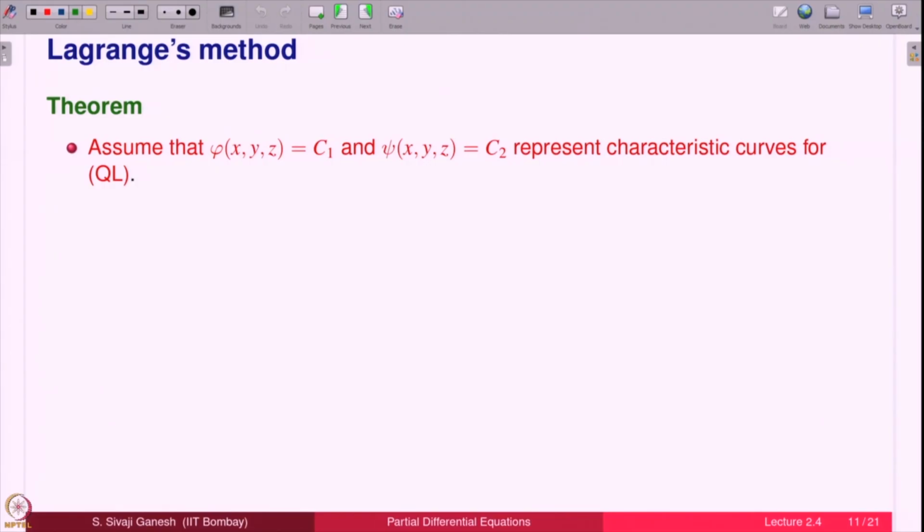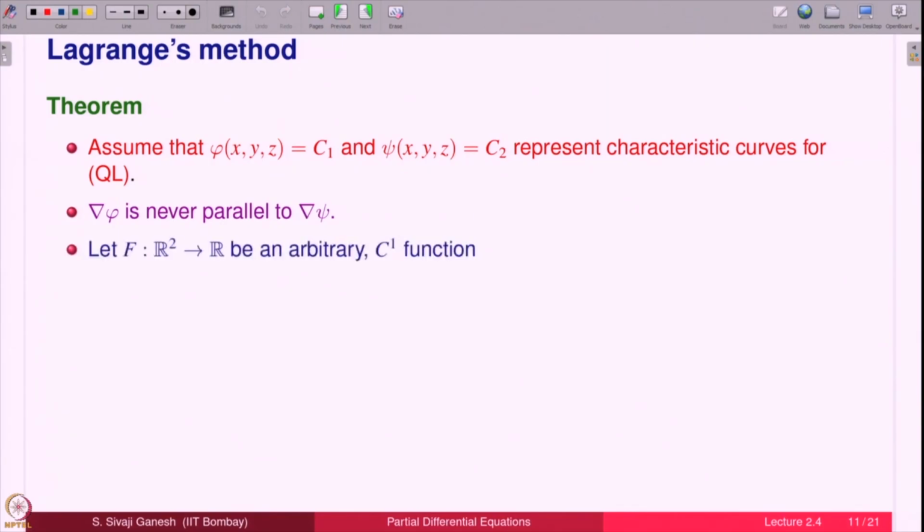Assume that phi equal to constant and psi equal to constant represent characteristic curves for QL, and grad phi and grad psi are never parallel to each other. At all those xyz which satisfy both these equations, at those points grad phi is never parallel to grad psi.